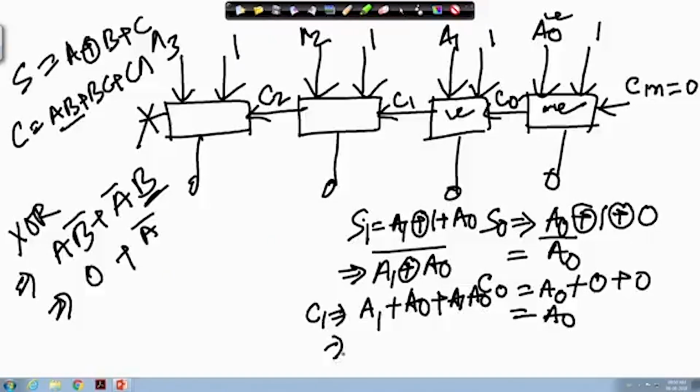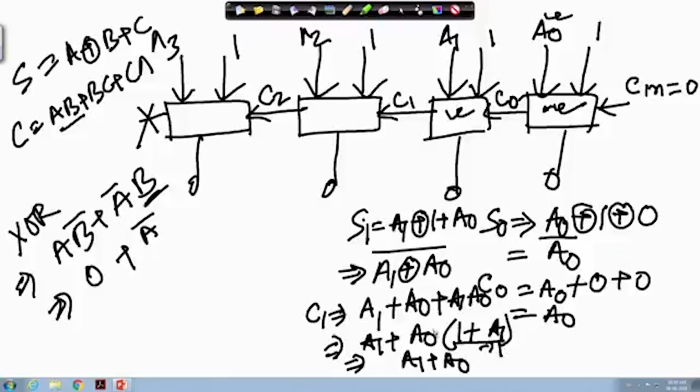So, A1 and A0, if I just take it common, A0 into 1 plus A1, I can write this expression as A1 plus A0. Why can I write this A1 plus A0? Because 1 plus A1 is nothing but 1.